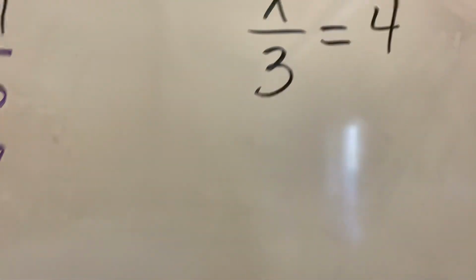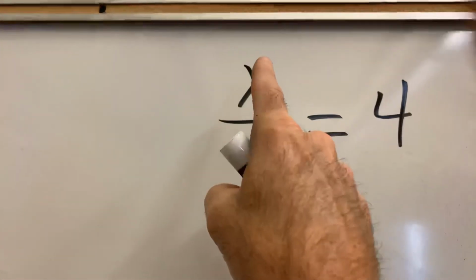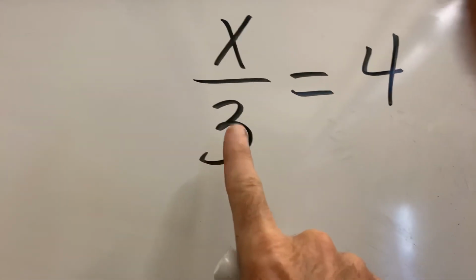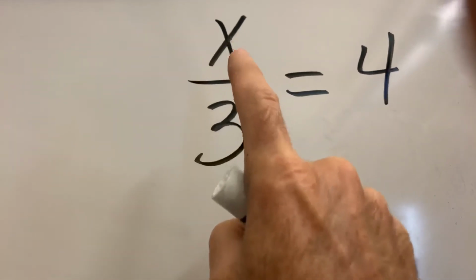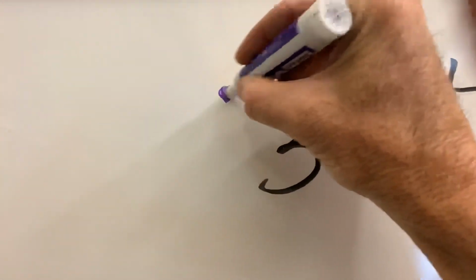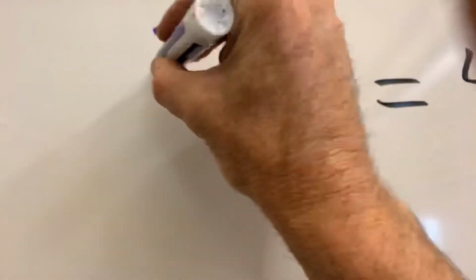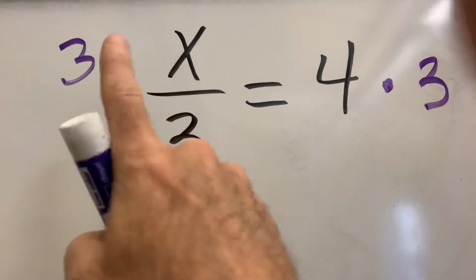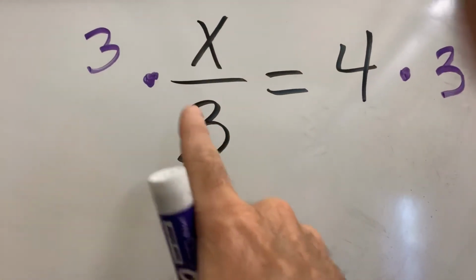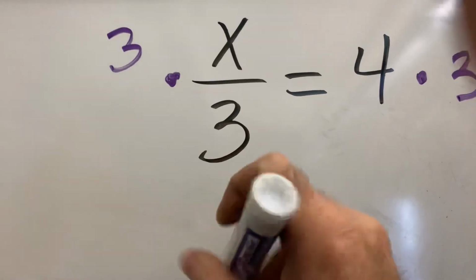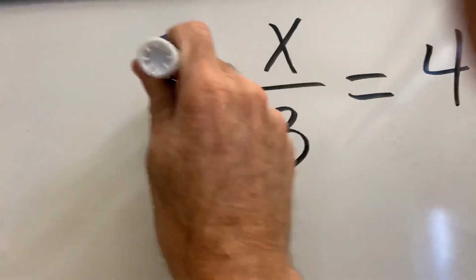Last but not least, this problem reads, what number divided by 3 is 4? In this expression, I want to get x all by itself, but I said divided by 3. So you are going to multiply by 3. Take a look at the 3 on the left. It's diagonal from that 3 in this fraction. Do you recall that you are able to cross-cancel or cross-reduce?